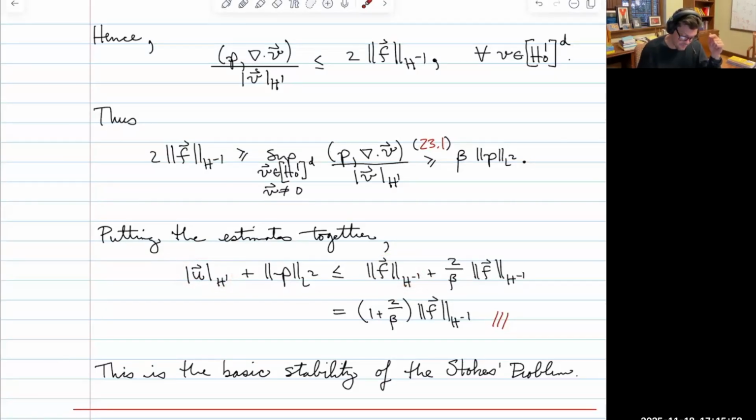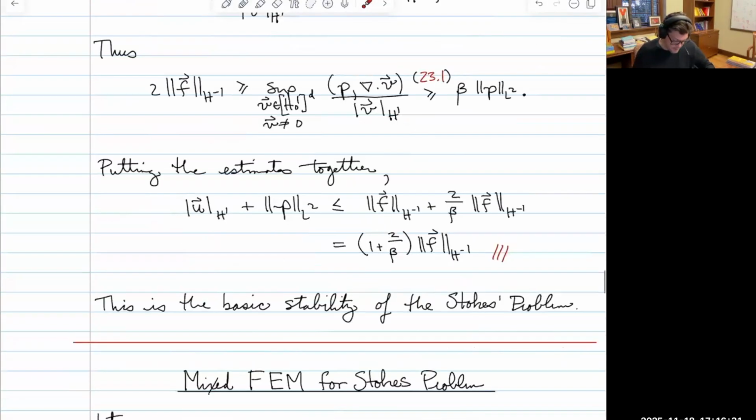Now we just showed that the pressure in the L2 norm is less than some constant times the operator norm of f. That gives us those two factors in this sum of two terms, which are exactly the same. So we can use the distributive property to pull that out, and what's left is just a constant, 1 over 2 beta. And that's precisely what we wanted to show. That's the basic stability of the Stokes problem.